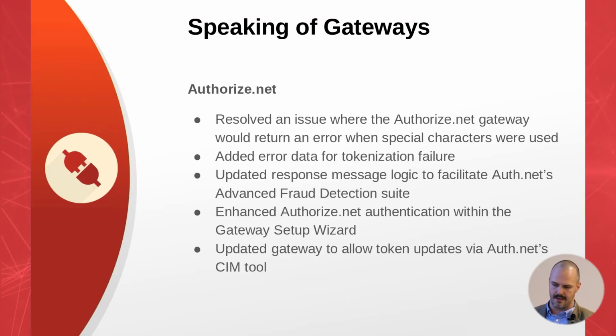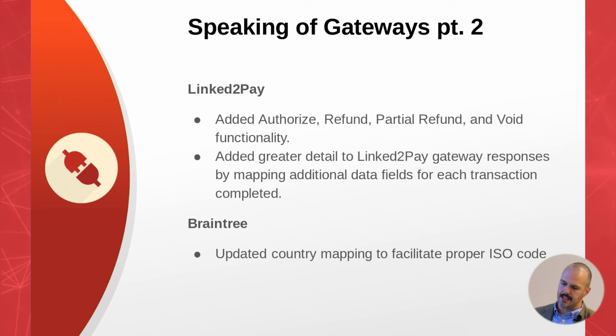We've enhanced Authorize.net authentication within our gateway setup wizard. And we've updated the gateway to allow token updates via their SIM tool. And for other gateways, Link to Pay, we added authorize, refund, partial refund, and void functionality. We added greater detail to their gateway responses by mapping additional data fields for each transaction completed. And then for Braintree, we updated country mapping to facilitate proper ISO code.